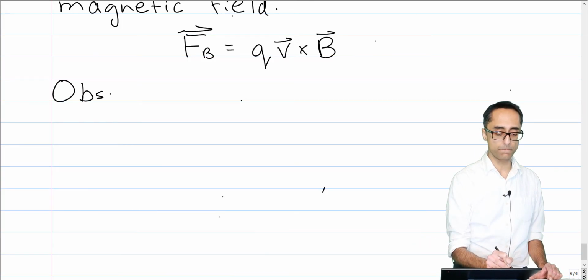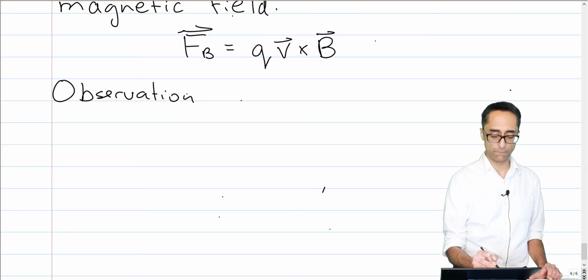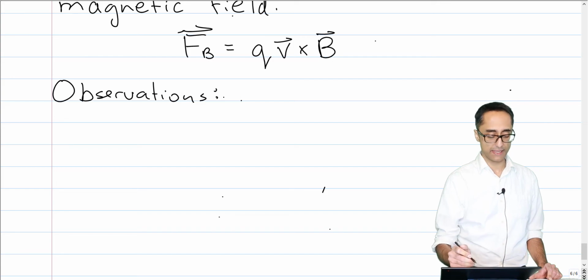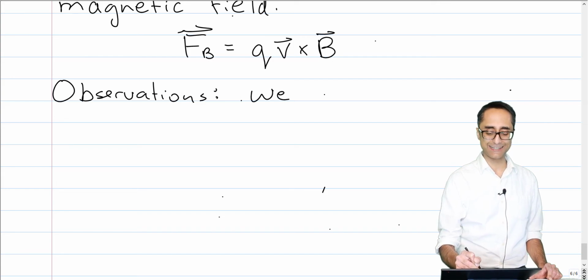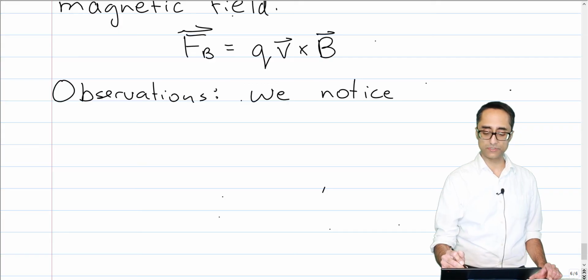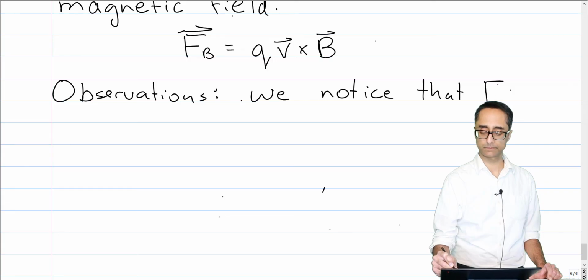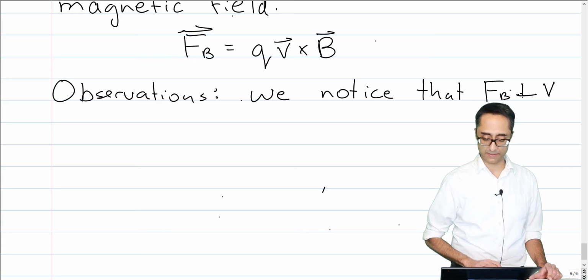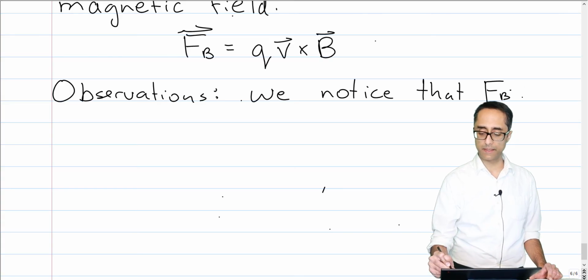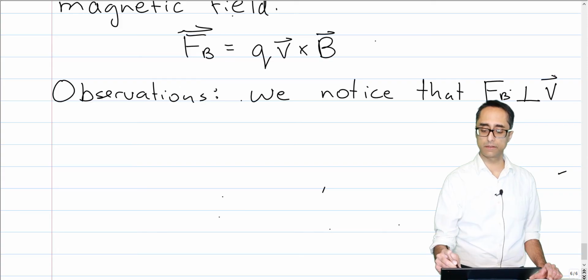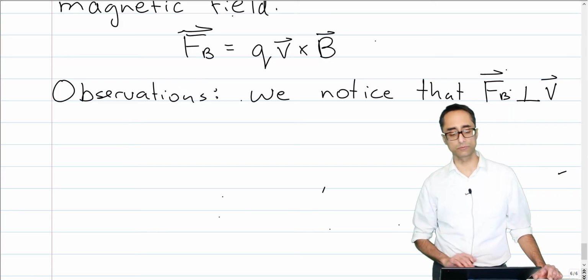What we know, as I showed with the two examples we did for the charges, is that the magnetic force is always going to be perpendicular to V. So those two directions are always perpendicular.